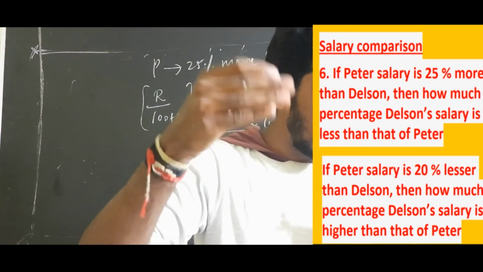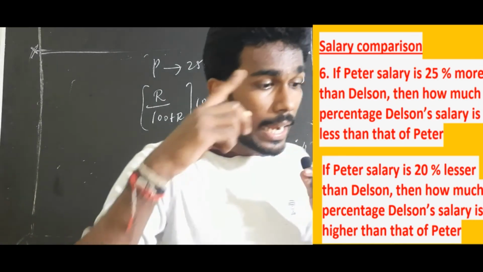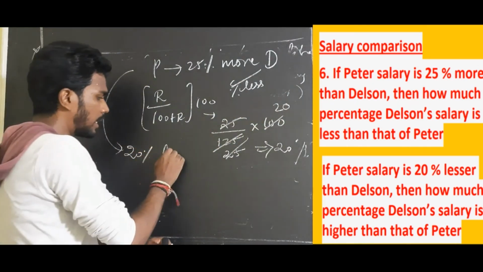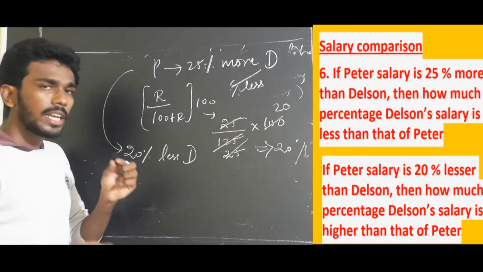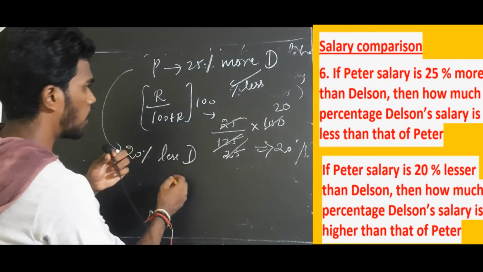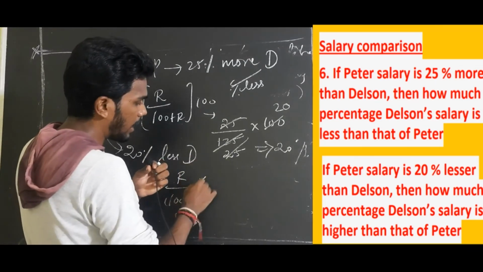Diving into the same kind of question, if Peter's salary is 20% less than Delson's, then how much percentage more does Delson earn? How will you calculate it? R over 100 minus R, because Delson is earning more.